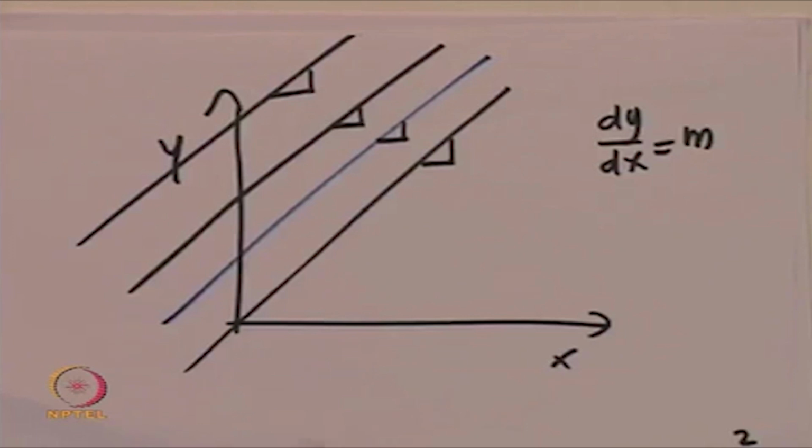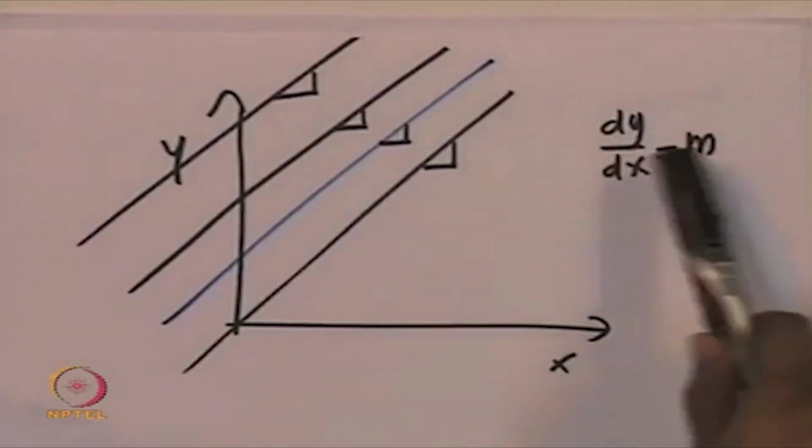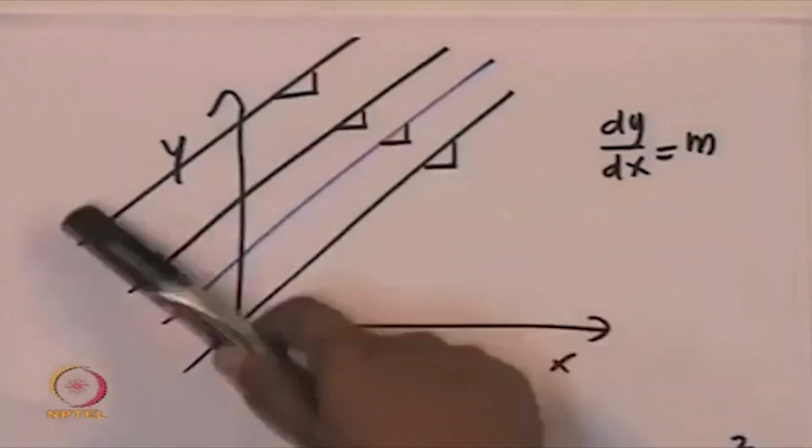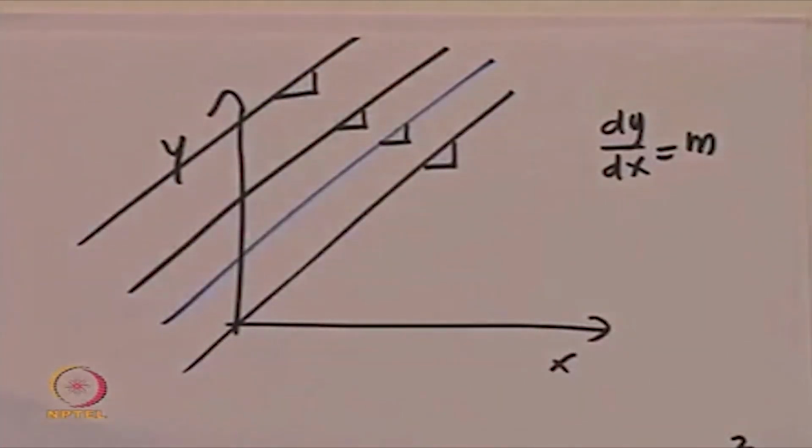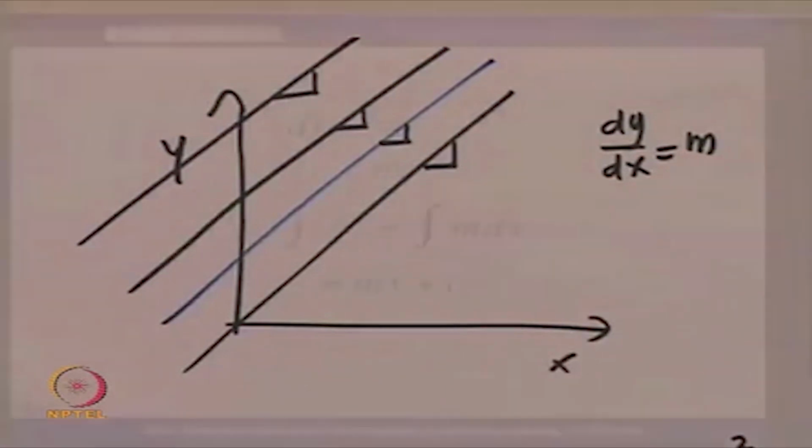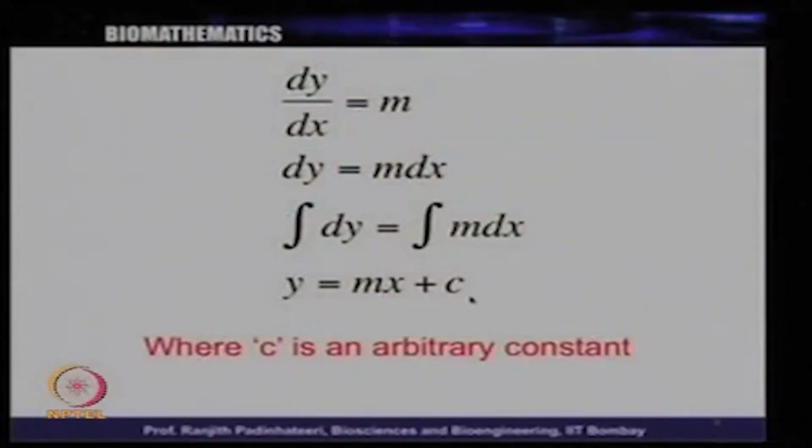When somebody tells you to integrate dy by dx equal to m, essentially that person is asking you to draw a curve with derivative or slope equal to m, and we drew it, any of these is an answer. So, in other words, the integral of this is y equals mx plus c, where c could be any constant.